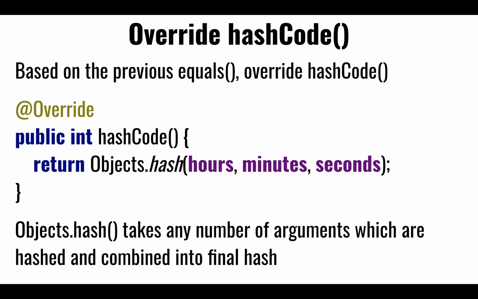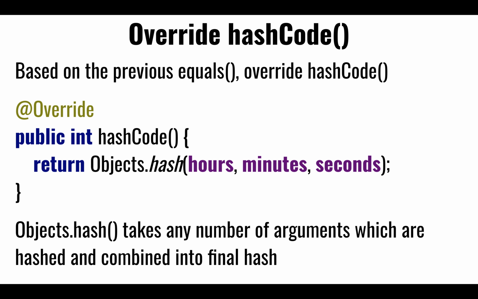hashCode is also, typically when we implement equals using a particular implementation, along the same lines we also implement hashCode, typically using the same strategy or idea that we used for equals.